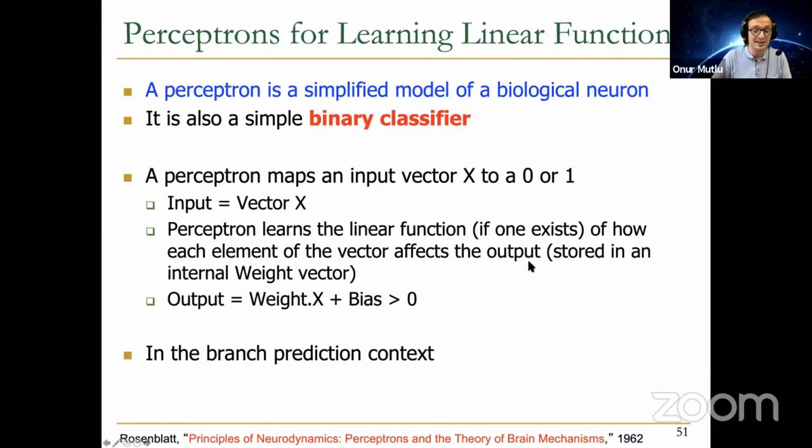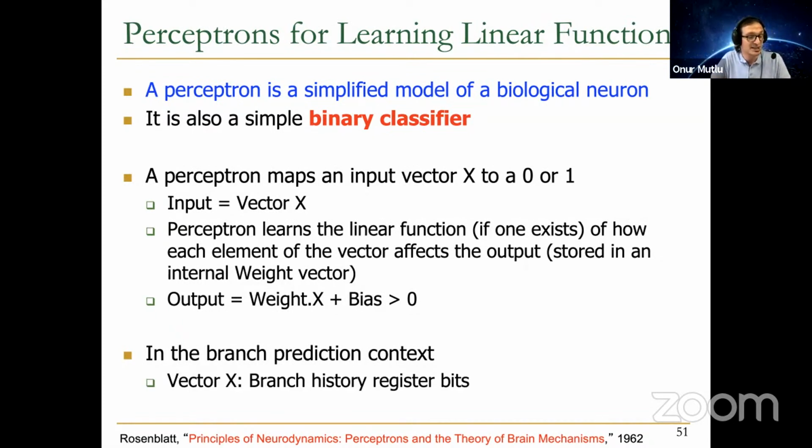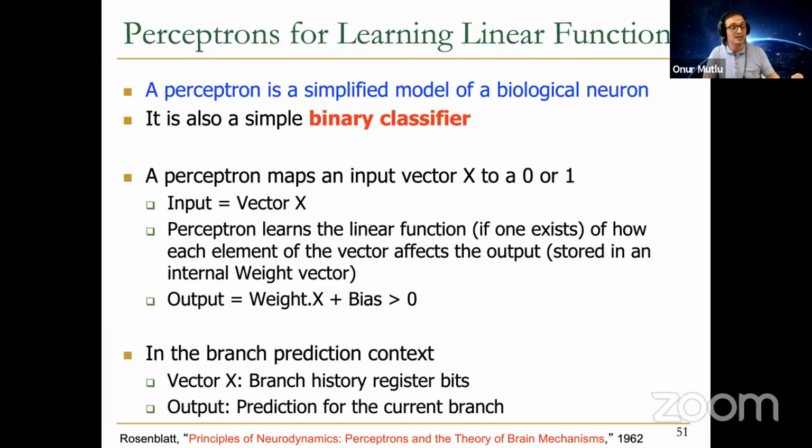In the branch prediction context, we don't have words, but we have branch history register bits. So vector X is really the branch history register bits, and the output is the prediction for the current branch. The internal weight vector is how correlated the branch history register bits that we're examining are with the outcome of the current branch.